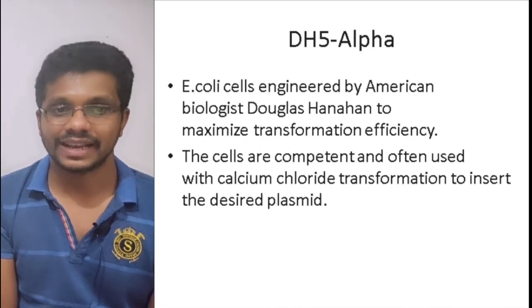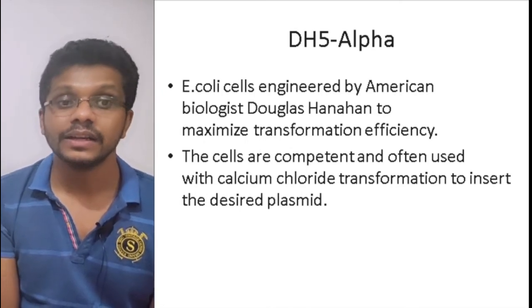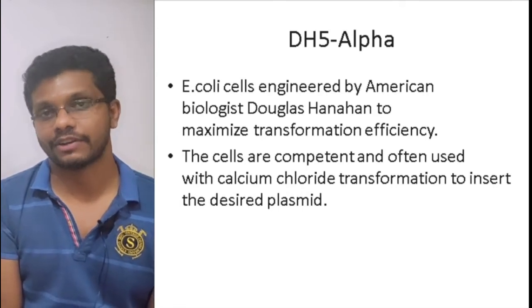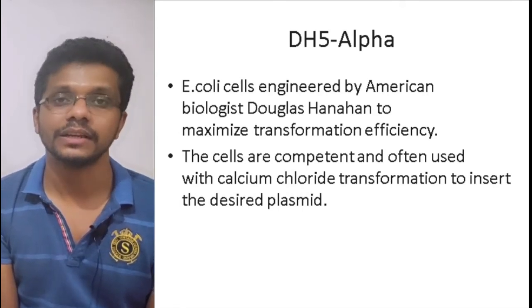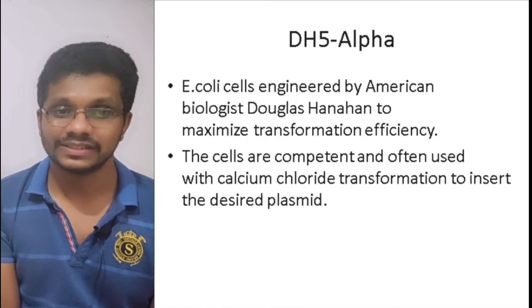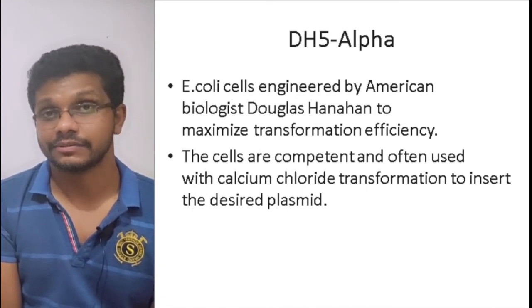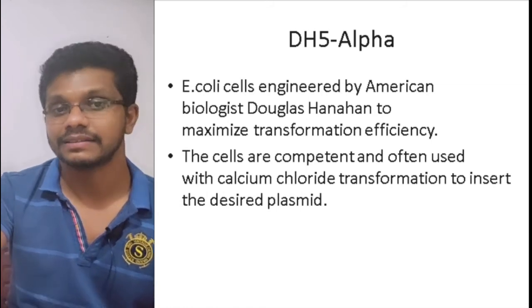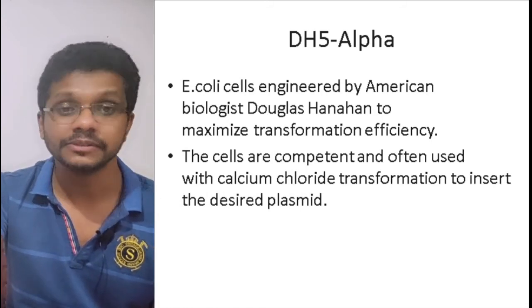DH5 alpha was developed by Douglas Hanahan to maximize the transformation and aid alpha complementation of the pUC18 vectors. So these cells are competent cells. We can transform the cells using the calcium chloride method. We'll be learning the calcium chloride transformation in the next chapter.